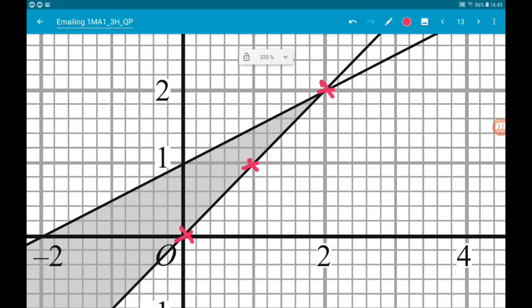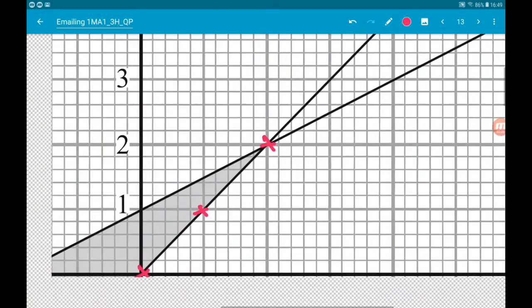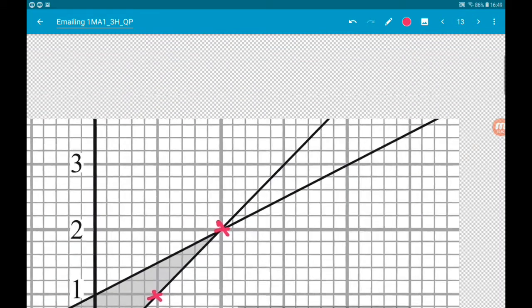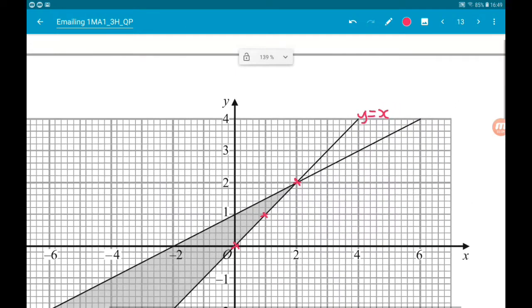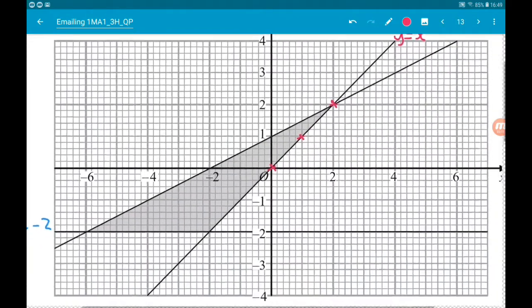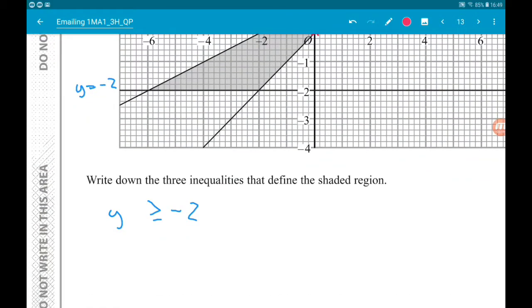So this line is y equals x. Now the region is above that line, so that inequality is y is greater than or equal to x.